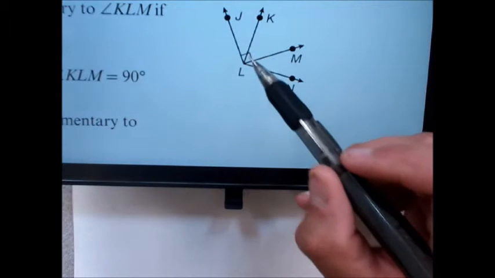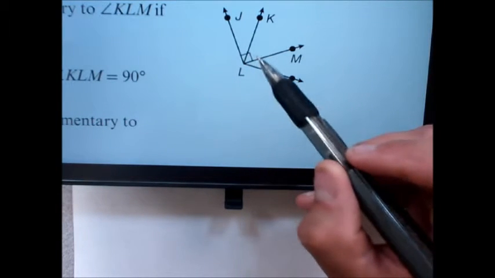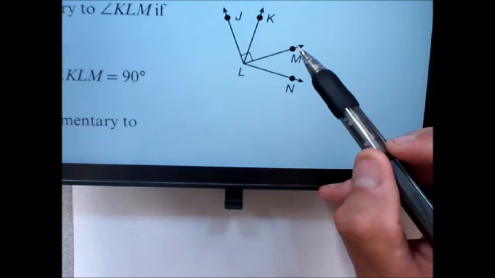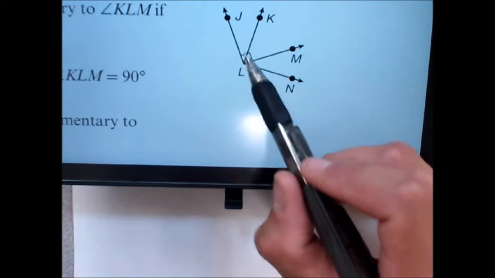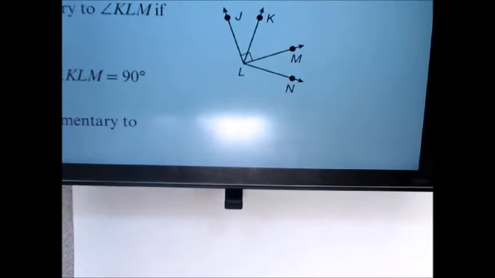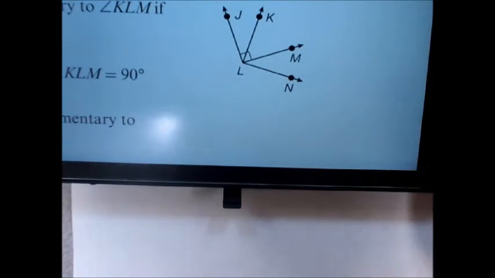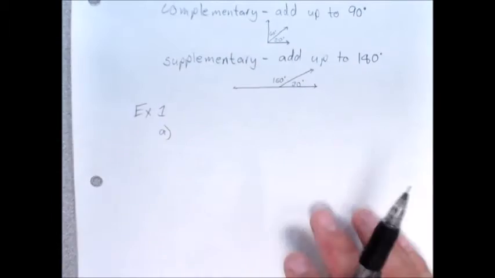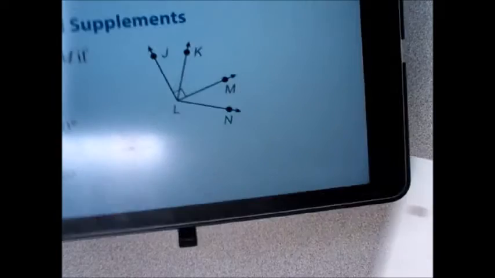If they share this middle piece, which is KLM, then I know that this angle and this angle must be equal to each other. Let me give you a picture to go with it. Draw exactly what you saw in your book. You can even copy it out of there.